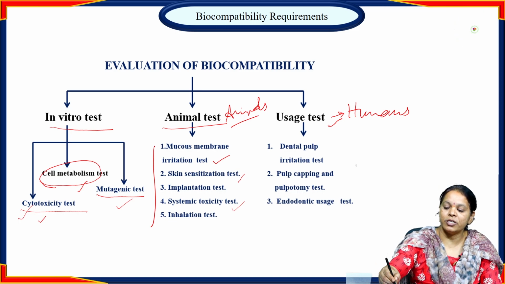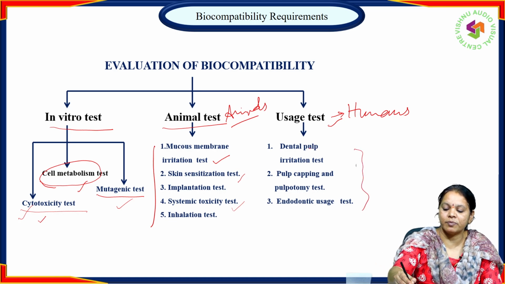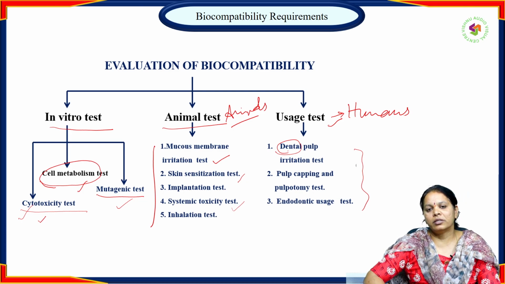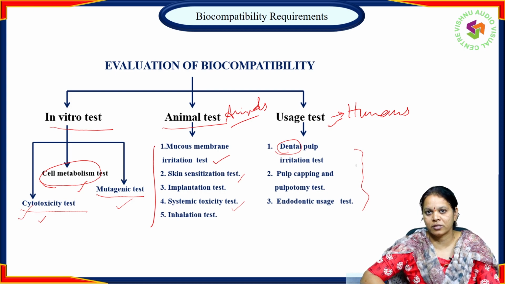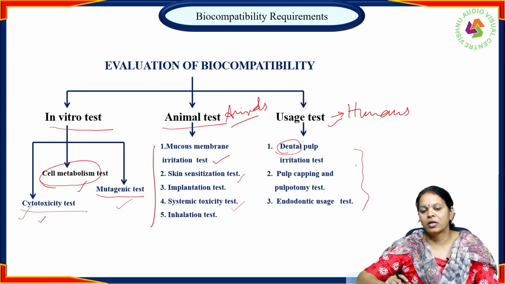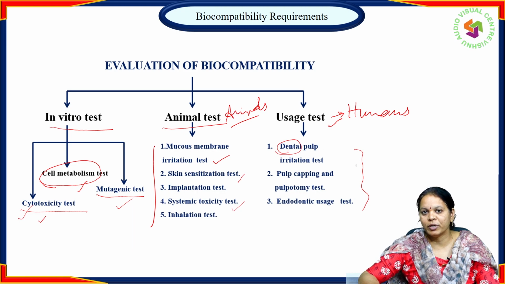And coming to the usage test, here I am explaining with respect to a dental application. So the material, after being tested in the animals, if it gives successful results, then based upon those results, the same implant material with respect to the size, shape, form, and all those considerations would be implanted into the human tissue.